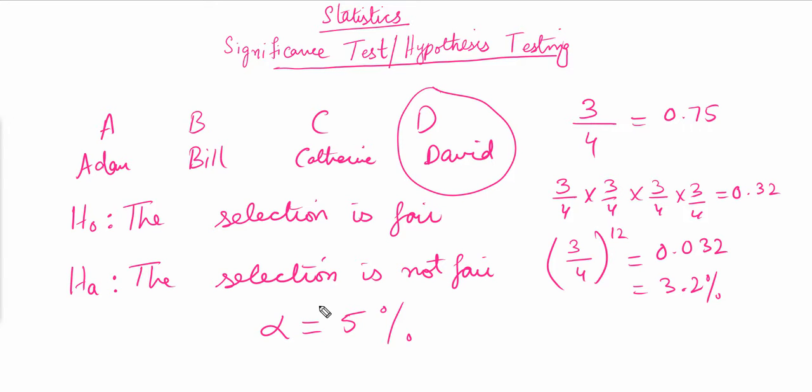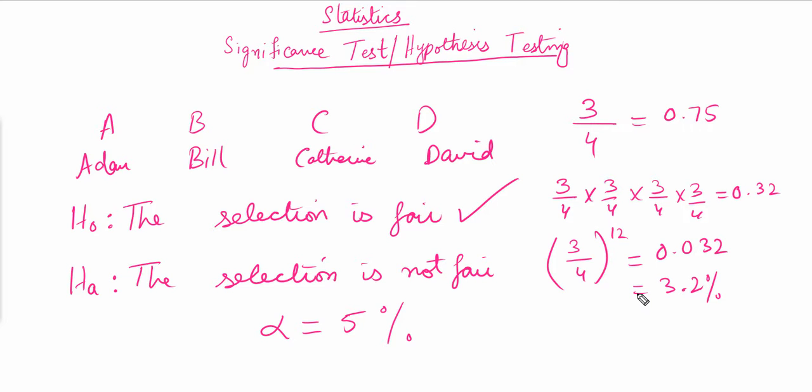If our probability remains above 5%, we will say that our null hypothesis is true. If the probability falls below 5%, then we will say our alternative hypothesis is true. In that case, we will reject our null hypothesis and accept our alternative hypothesis. So H naught is the null hypothesis, and HA is called the alternative hypothesis.